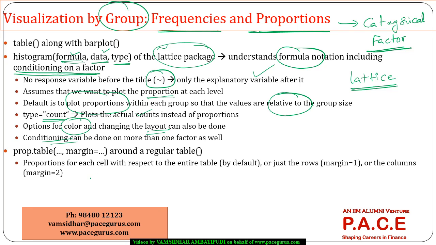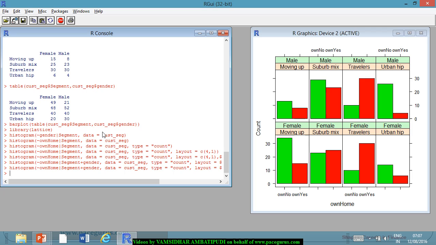Then one more thing that I am typically looking at is the proportion. In some cases, I may not be interested in something like this, but I'm more interested in creating a table in the form of proportion.